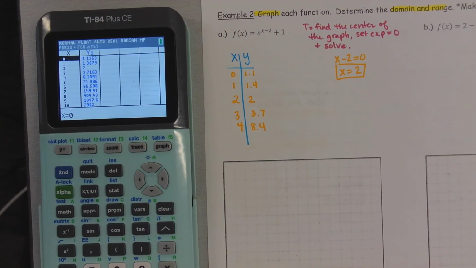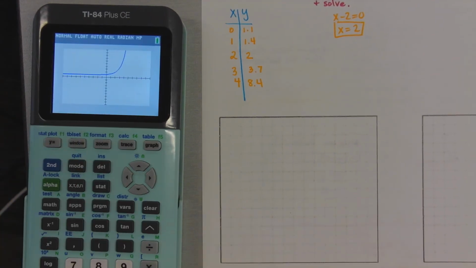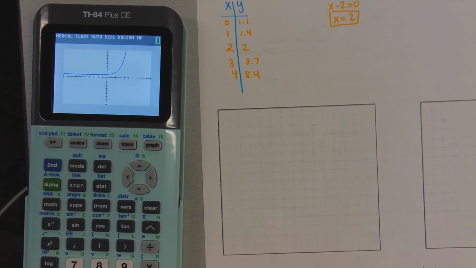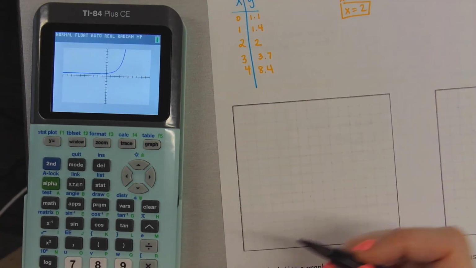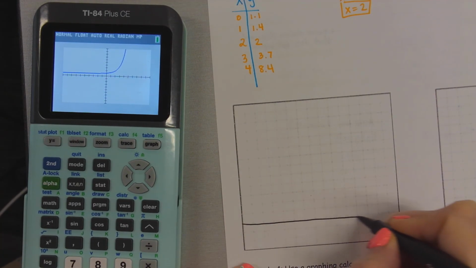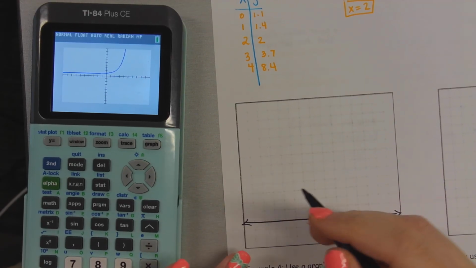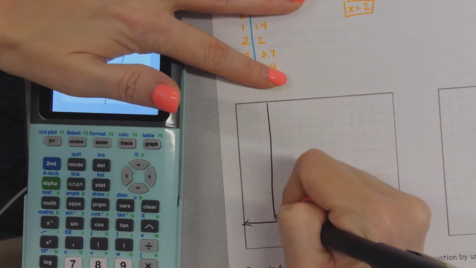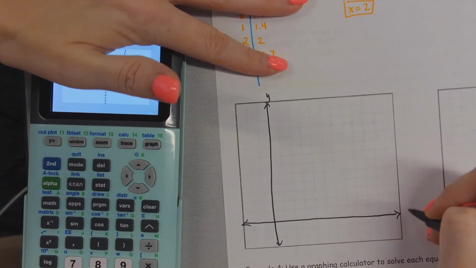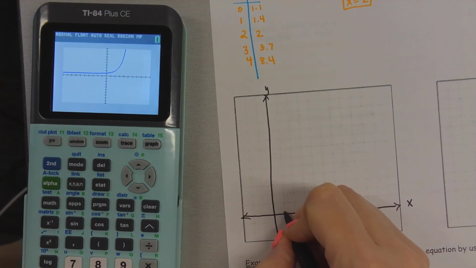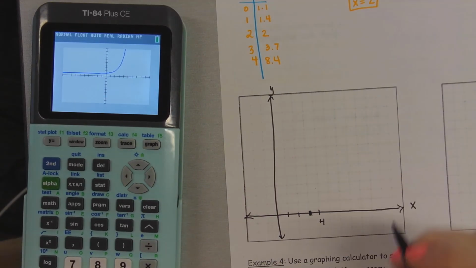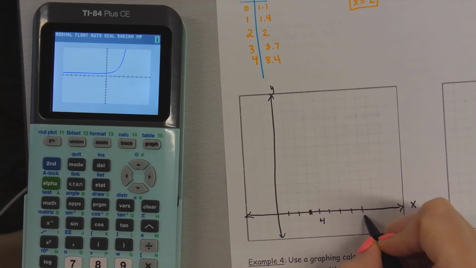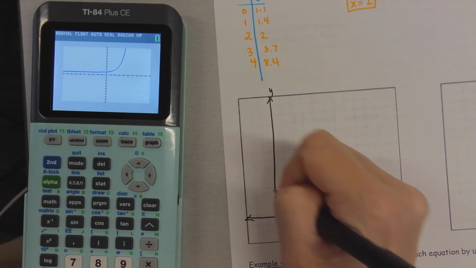Okay, so now you're going to create your grid here. Really, all of mine are positive, so okay, and I can go by 1s here.